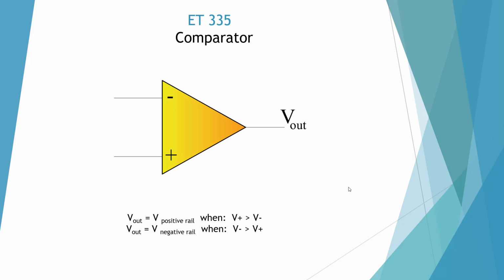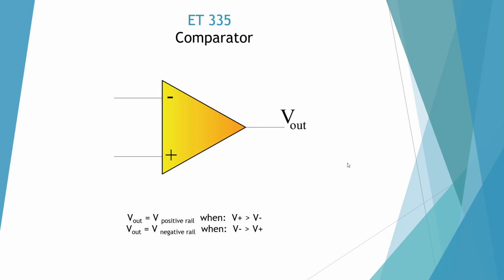Here we have a comparator, and essentially we're taking our op-amp and removing all the feedback. What it's doing is comparing these two inputs, and whichever one's larger, it's going to drive it to the rail. The rail is the voltage of the power supply multiplied by some reduction depending on the device.